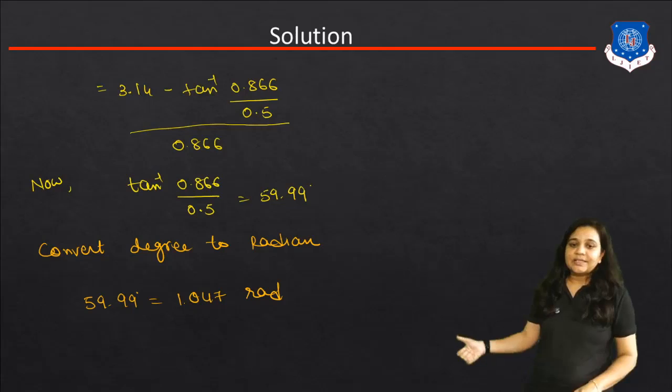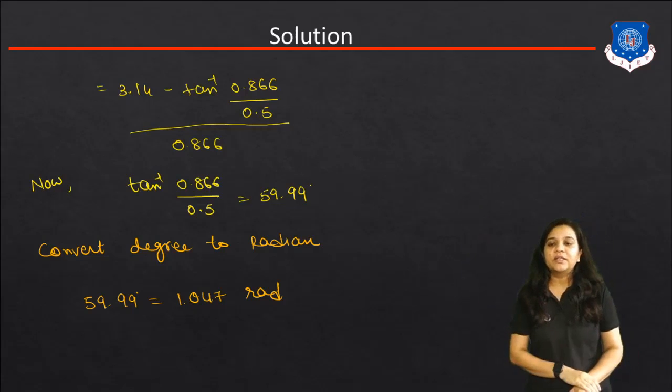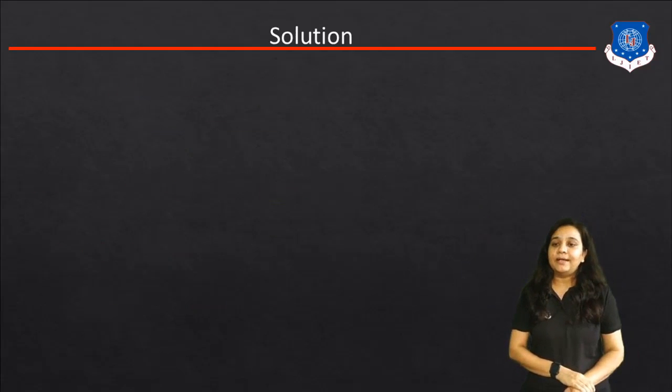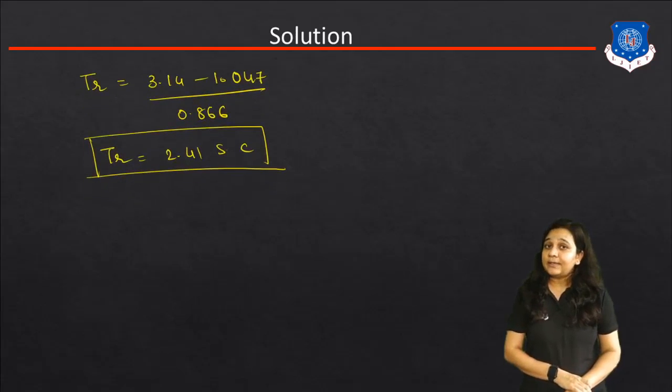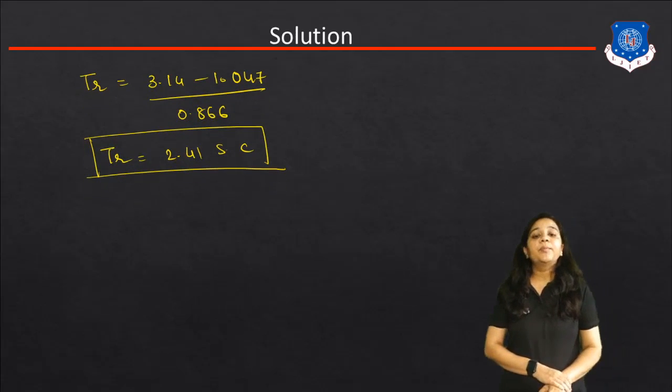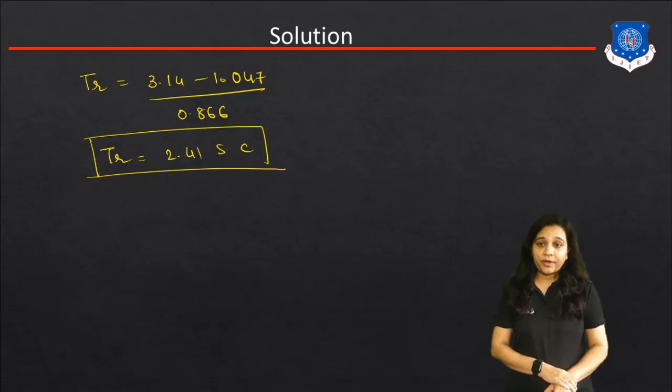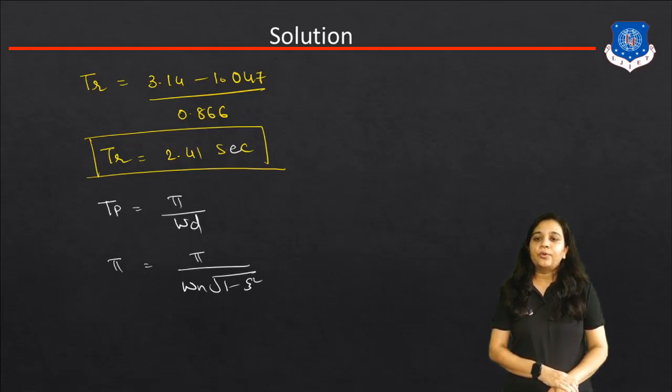Now put this value in the above equation to find the rise time. So tr = (3.14 − 1.047)/0.866, so we get tr = 2.41 seconds.